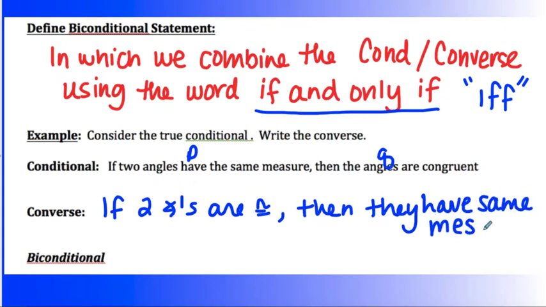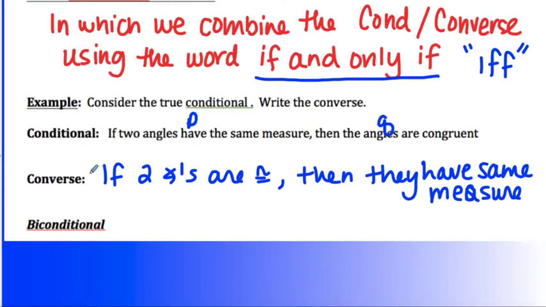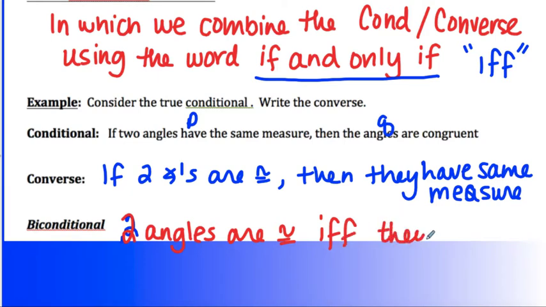All right, they're both true. So I want to write it as a biconditional. Now, you don't have to be exact here. You could flip it around, but I could say two angles are congruent if and only if they have the same measure.